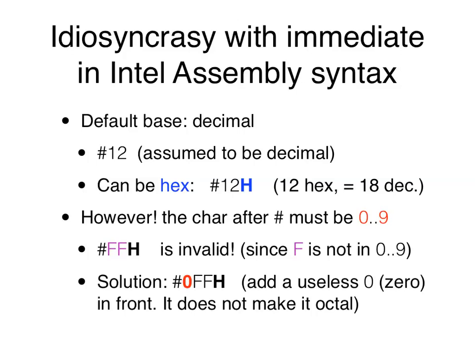If you see pound sign 12, that means 12 in decimal, or base 10. But you also often need to specify hexadecimal, or base 16. You might say, I know C programming, 0x and then something. Yes, some assemblers follow that format, but not Intel at that time. This was the late 70s, early 80s.